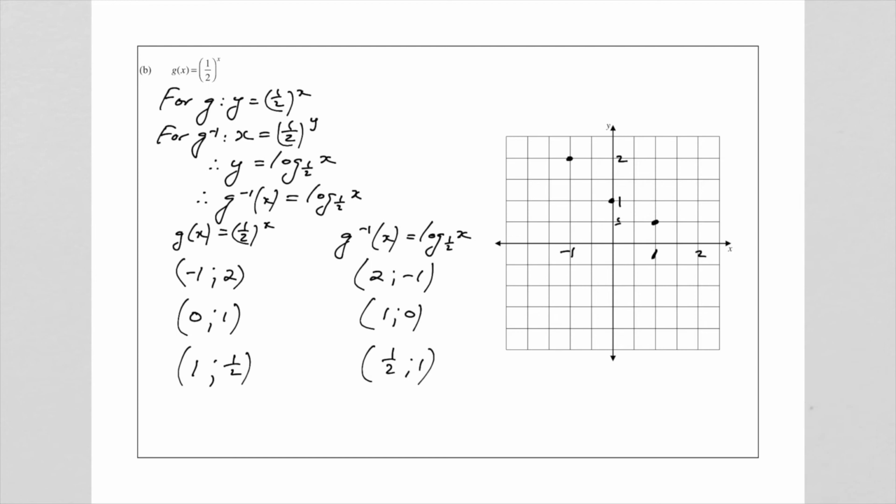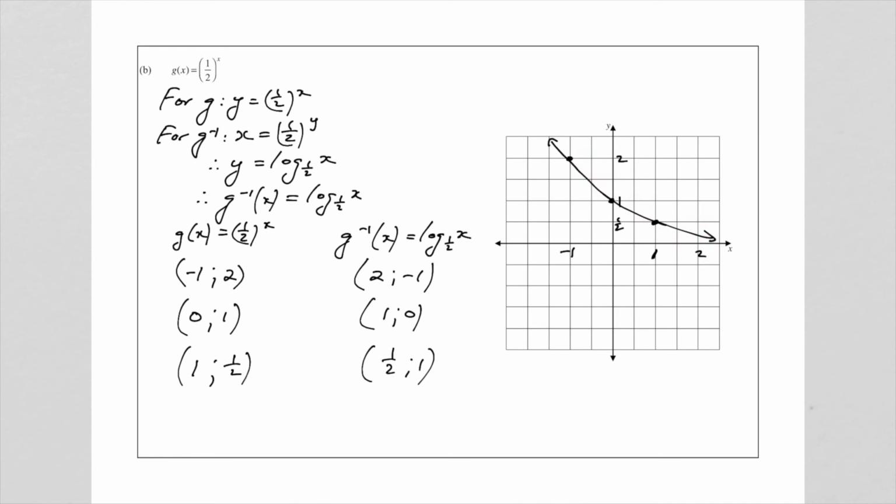And this point there is a half. And you can clearly see that this graph will go right here. And you can see it's a decreasing exponential. So let's just draw that graph. So there you can see the graph of g(x) equal to a half to the x.